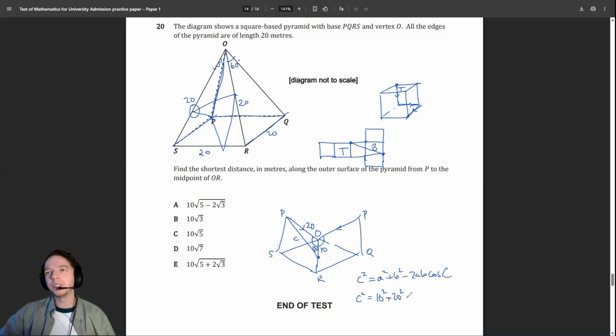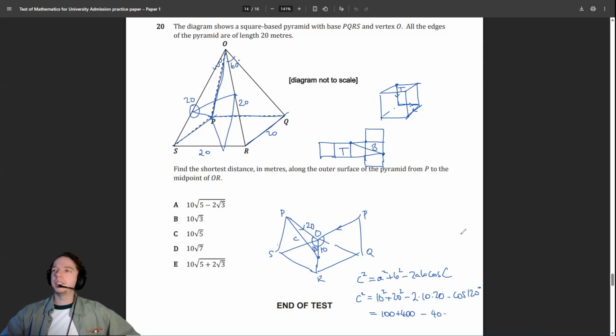10 squared plus 20 squared minus 2 times 10 times 20 times cosine of 120, which is 100 plus 400 minus 40 times the cosine of 120. So 120 is here, right?